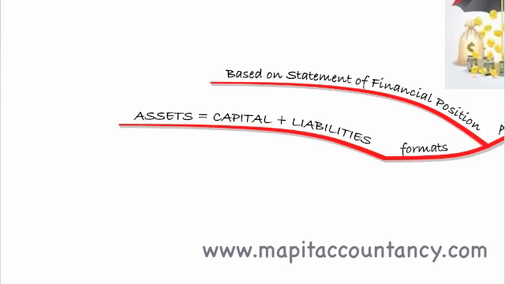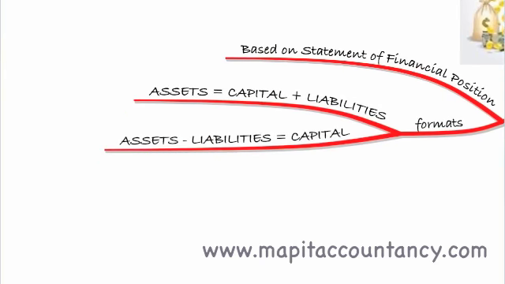But you could also turn it around a little bit and say assets less the liabilities equals the capital. So sometimes the examiner will play around with that accounting equation and see, do you know it well enough to move it around a little bit and see what holds true. So these are two formats that I would learn and make sure you know.